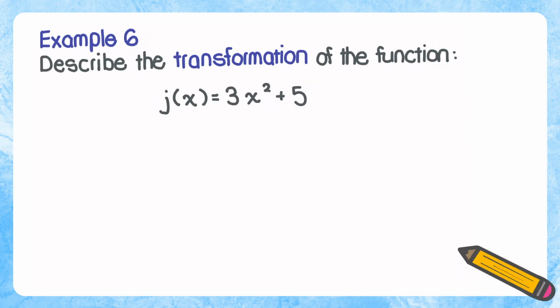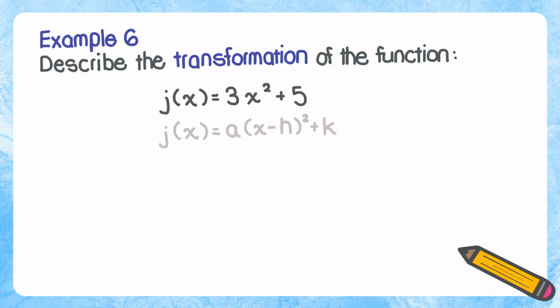Let's look at another special case. Describe the transformation of j(x) = 3x² + 5. What's missing here? Our usual general form is j(x) = a(x - h)² + k.